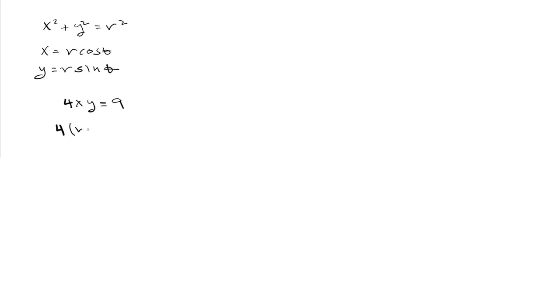All right, 4 r cosine theta, r sine theta, and that's equal to 9. And then just clean that up a little bit. All right, so I've got 4r squared cosine theta sine theta equals 9. All right, and I would just leave it like that.